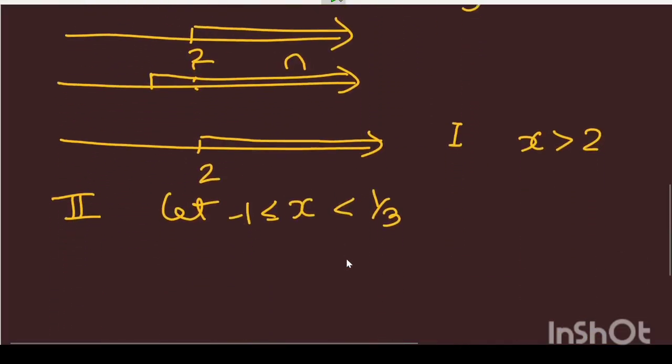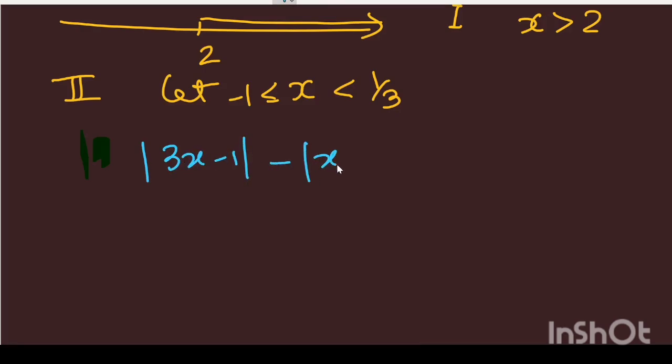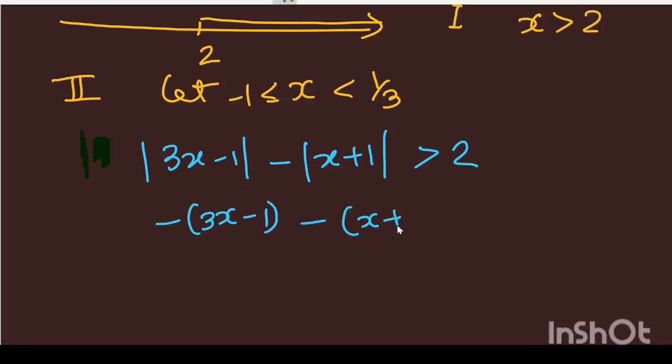So mod 3x minus 1 will give minus sign, so minus 3x minus 1. Mod x plus 1 will give plus sign. So minus of mod x plus 1 greater than 2.